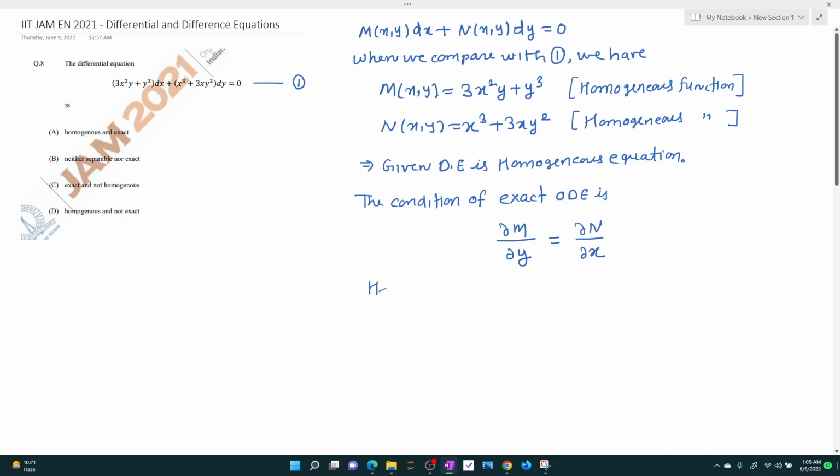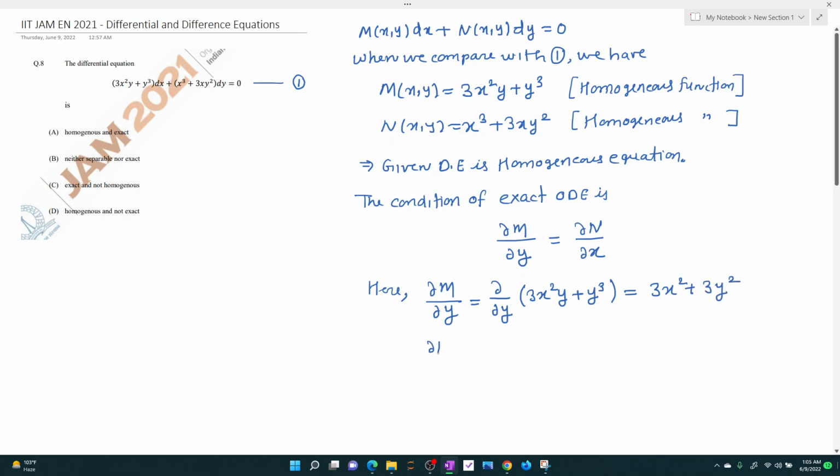So here let's find out the partial derivative of M with respect to y. It's nothing but the partial derivative with respect to y of this function 3x square y plus y power 3, right? So it is coming out to be 3x square plus 3y square.